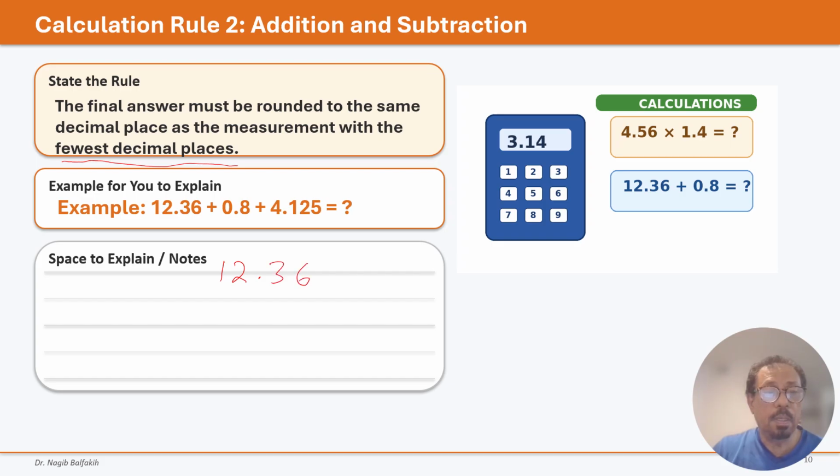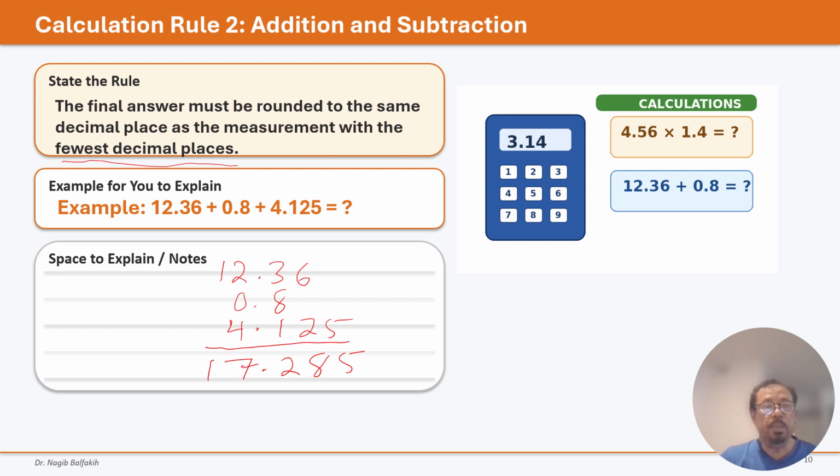12.36, and then you have 0.8, then you have 4.125. The final answer is 17.285.